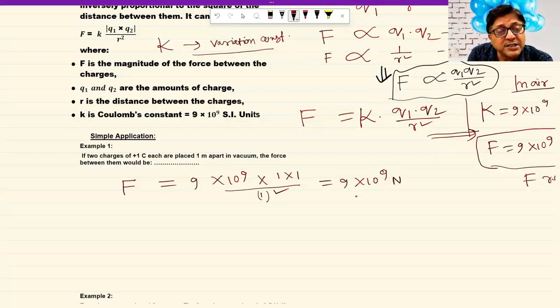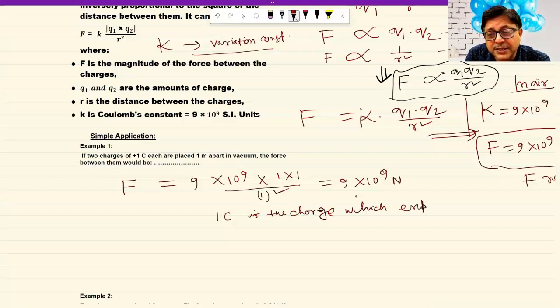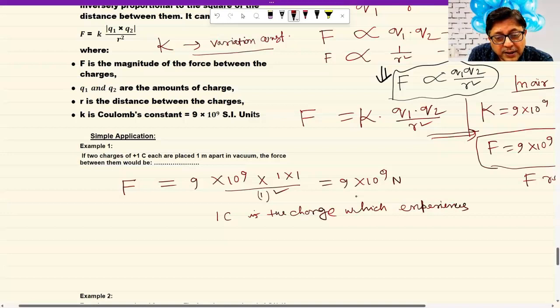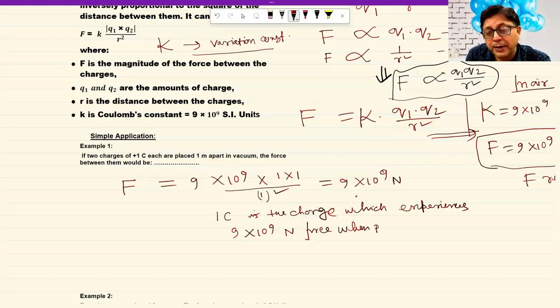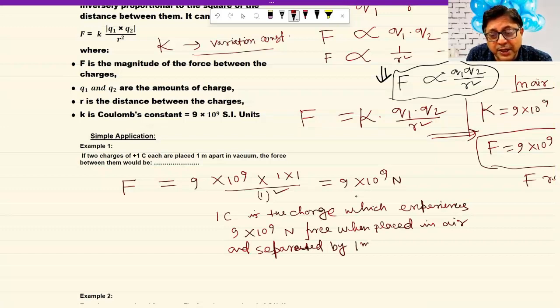So let's write it this way. 1 Coulomb is the charge which experiences 9 into 10 to the power 9 Newton force when placed in air and separated by a distance of 1 meter from a similar charge.